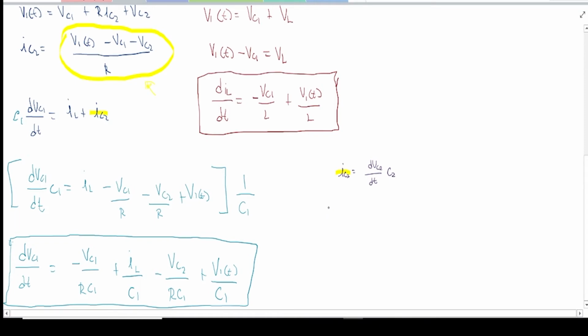What I'm going to do is replace this IC2 by this one. Okay, and then I'm going to organize this starting from VC1, IL, and then VC2. And then I'm going to divide this by 1 over C2. Again, same pattern as what we did here. Our equation would now be, now we have the third equation.